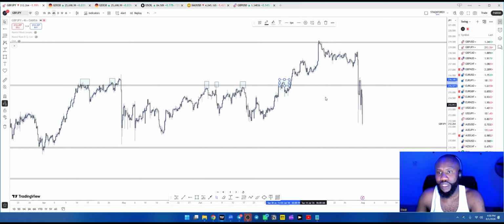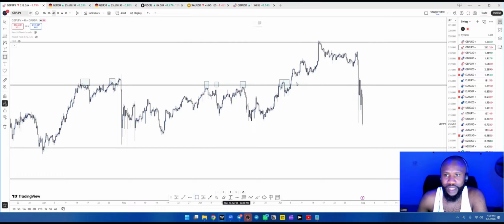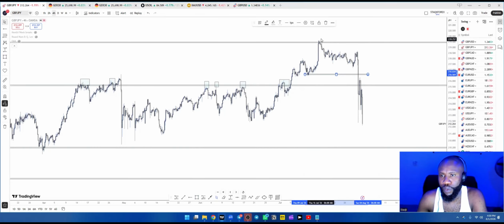So currently, this was the last low before price pushed to the upside. Eventually it was unable to continue. Guess what happened? Price broke below this low.